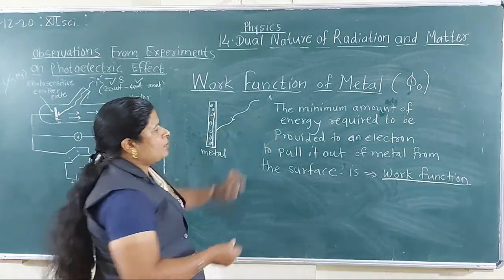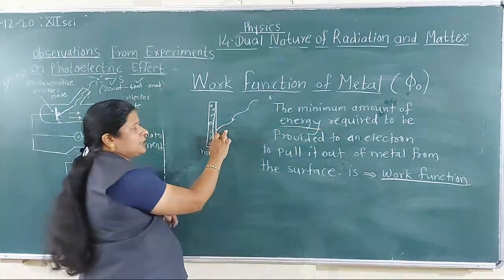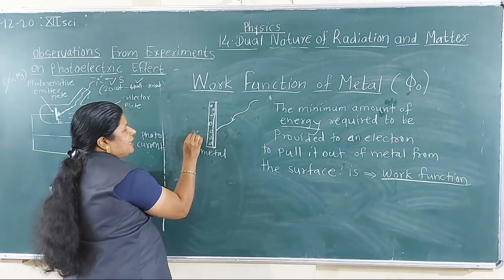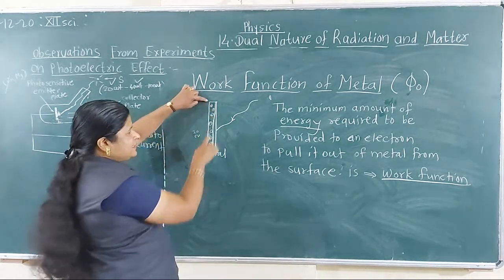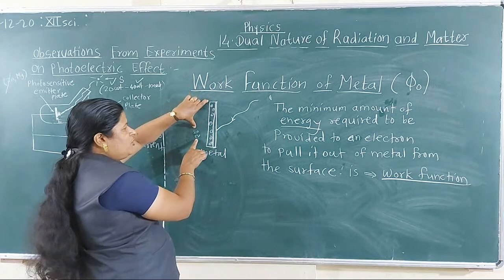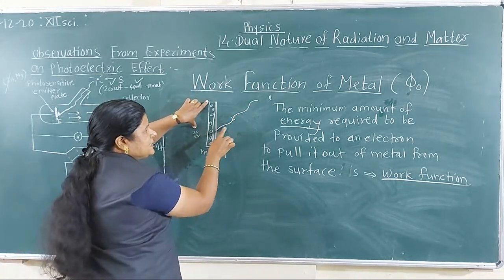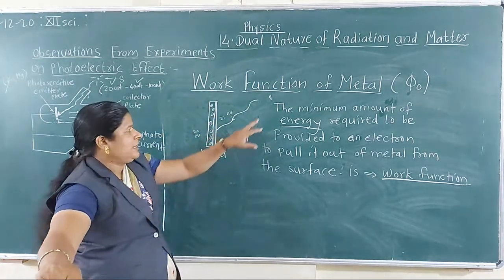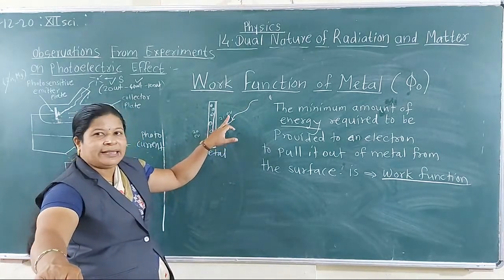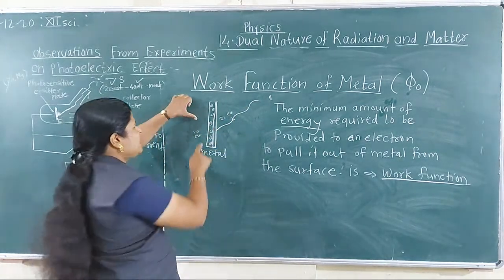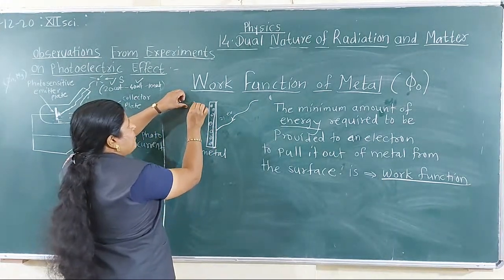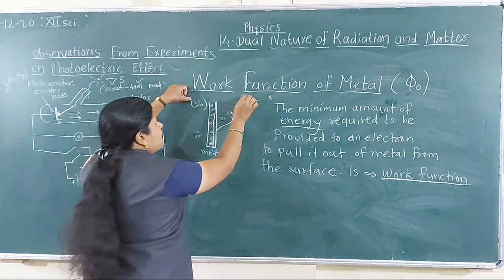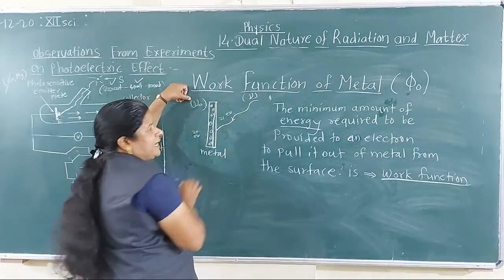So the minimum amount of incident energy. For example, this metal has a work function of 20 electron volt, and the incident energy is 21 electron volt. This metal has a threshold frequency nu naught, and the incident radiation frequency is nu.